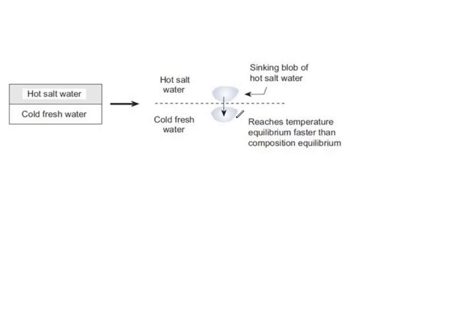This blob of sinking material will be able to come into heat equilibrium with the surroundings faster than it will be able to come into composition equilibrium. Why is this? This is because the transfer of heat by molecular collisions is generally faster than the motion of sodium and chlorine ions that causes the composition to equilibrate. And so such a blob may be in approximate temperature equilibrium but remain out of composition equilibrium.